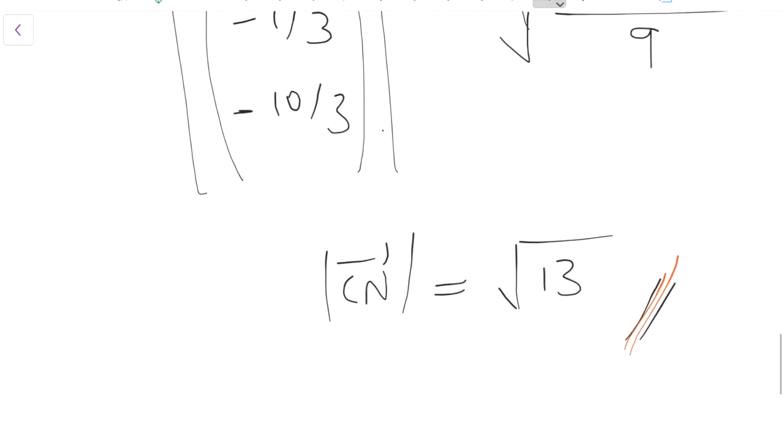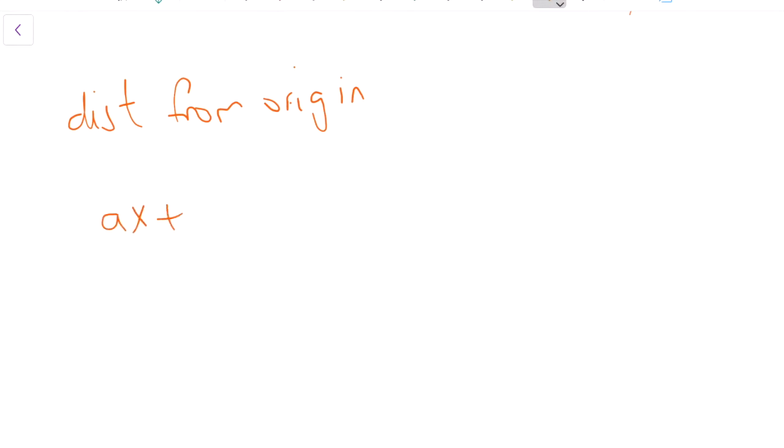Another thing which I wanted to say about vectors while I'm on the topic is that you will sometimes see the formula which tells you the distance from the origin, if you are given an equation of a form like this.